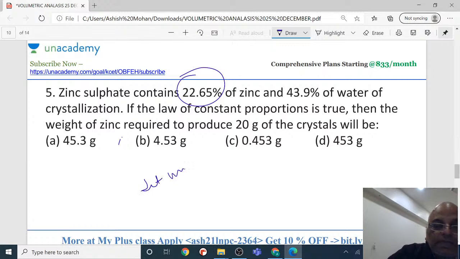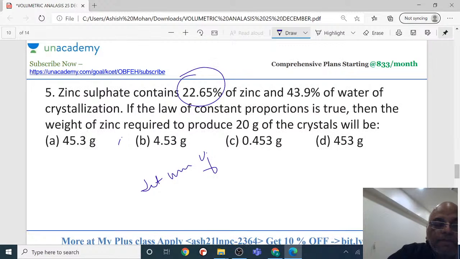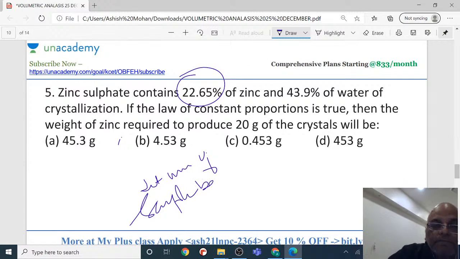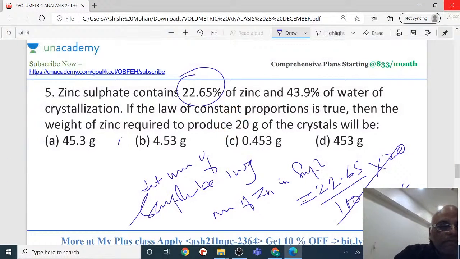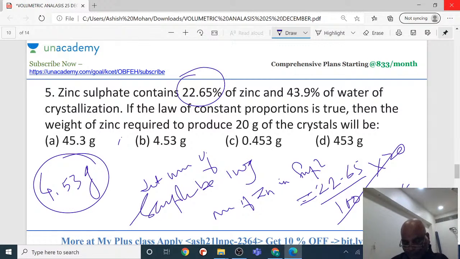Let the mass of the sample be given. So mass of zinc in the sample is computed. So this is the answer. B option is the right answer.